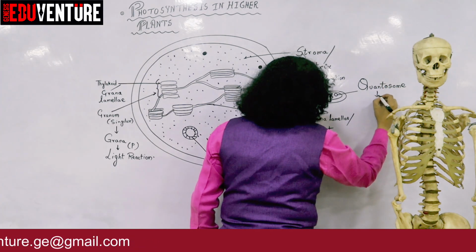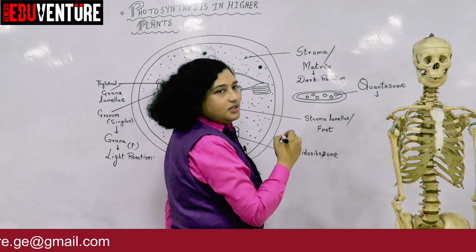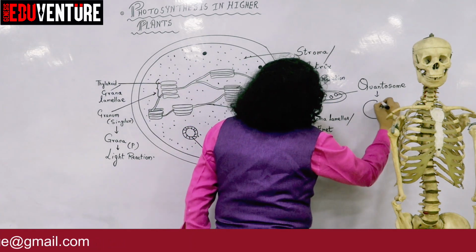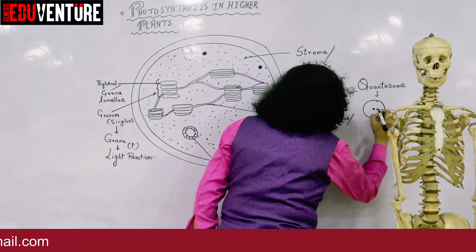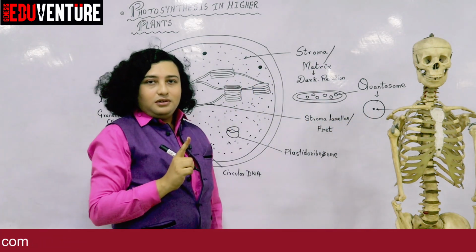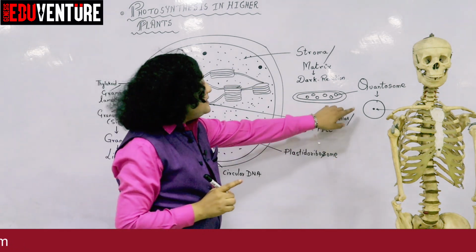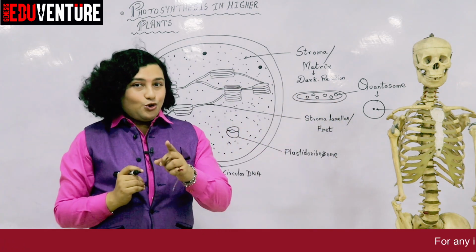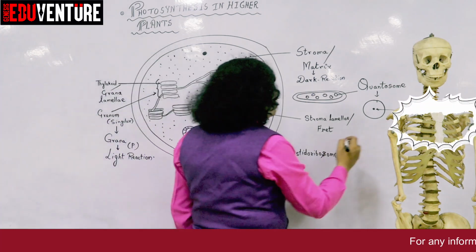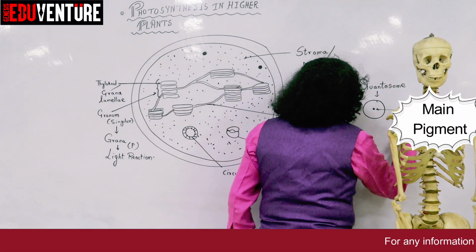This is also known as the photosynthetic unit. If we look into a single quantosome, at the center there is a single molecule of chlorophyll, and this center is known as the reaction center, the photochemical reaction center. So this is the main pigment.